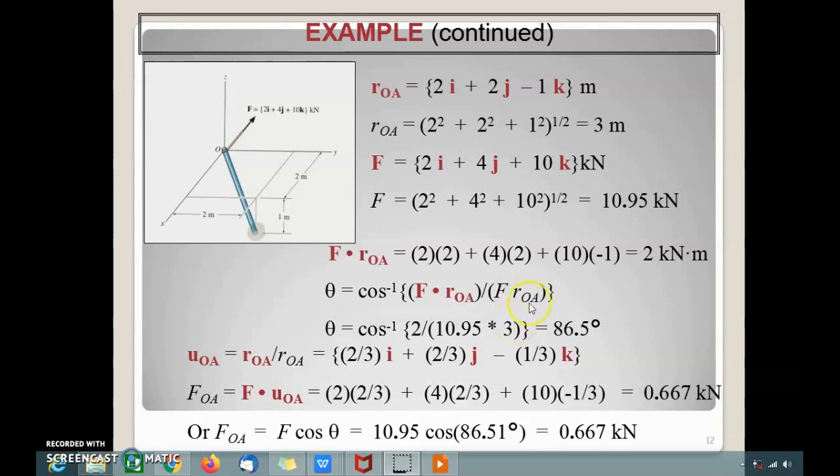So substitute into the equation and we get 2 over 10.95 multiplied with 3. Take the inverse cosine of this operation, and you will get the angle equal to 86.5 degree. So the angle here is about 86.5 degree.